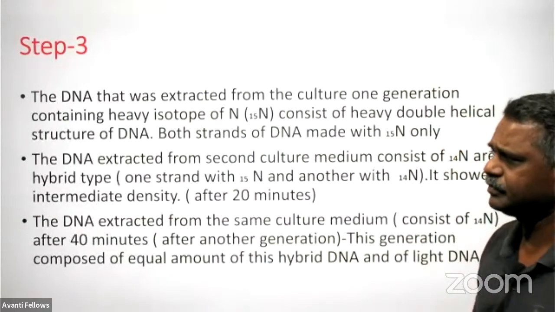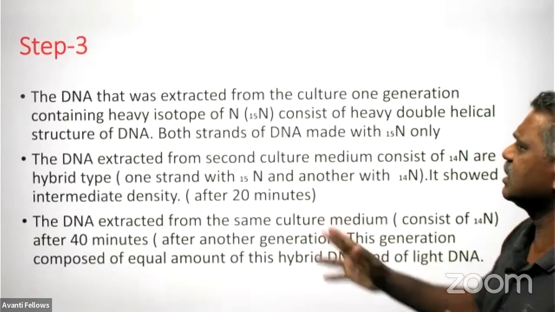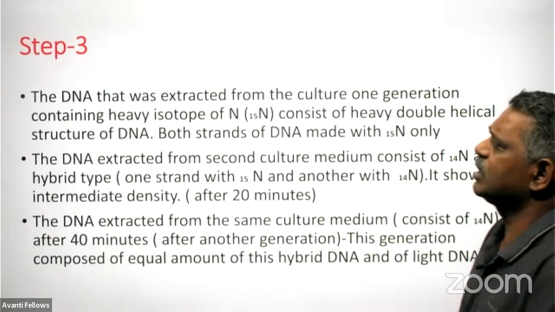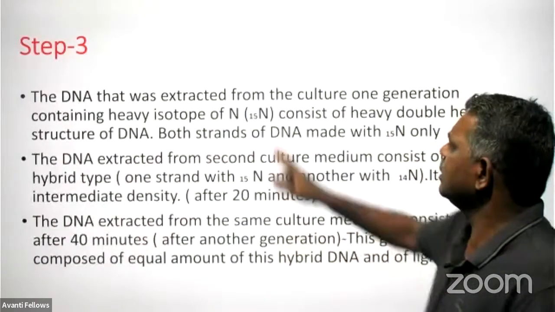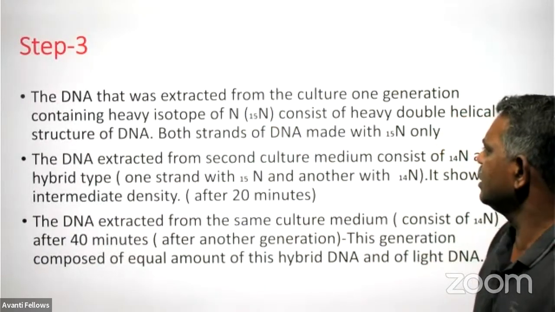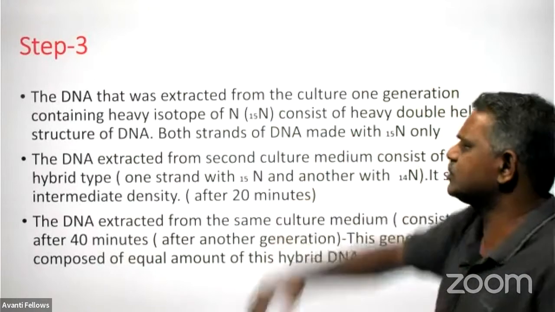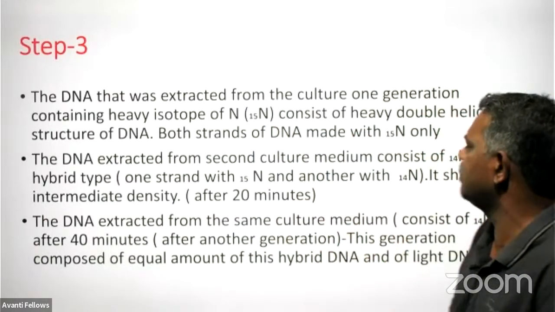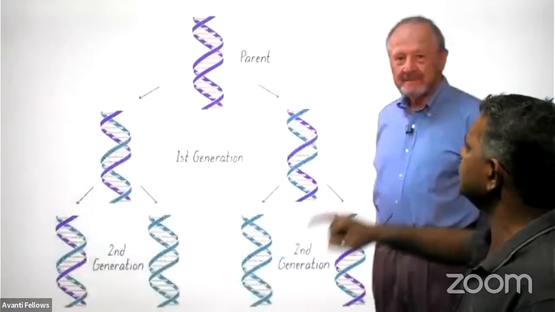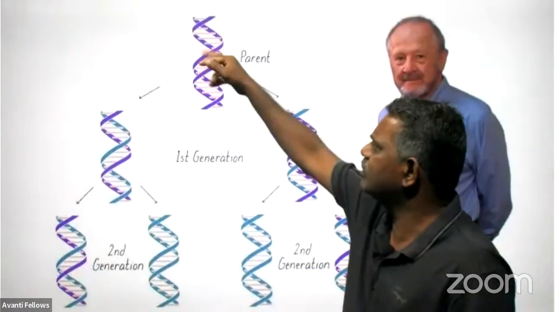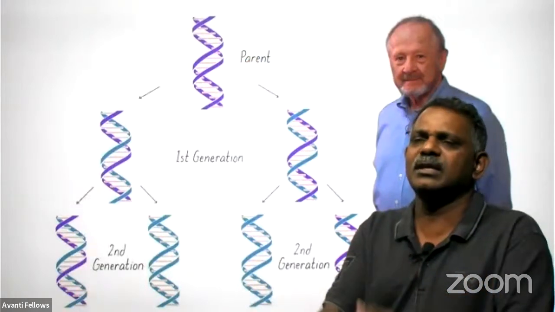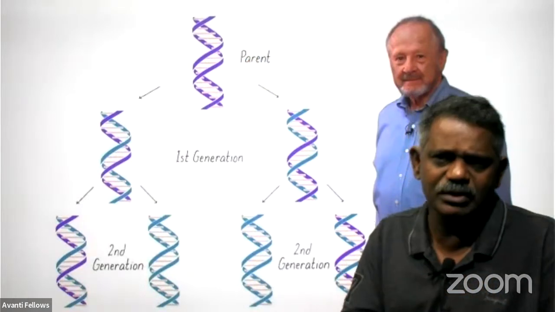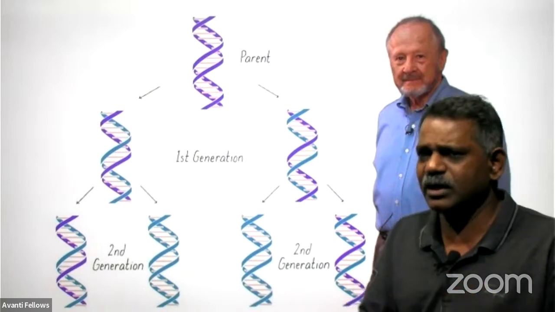And the third step: DNA was extracted from the culture of one generation containing the heavy isotope of nitrogen, N15, which consists of heavy double helical DNA. Both the strands of DNA are made with N15 only, because they kept this E. coli in heavy nitrogen isotope for many generations.